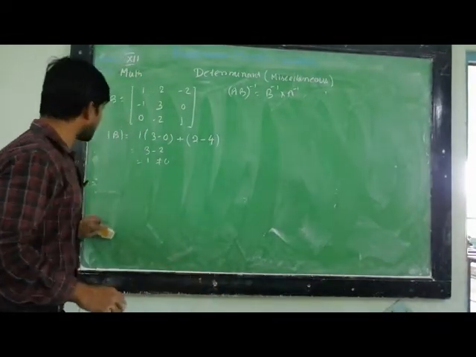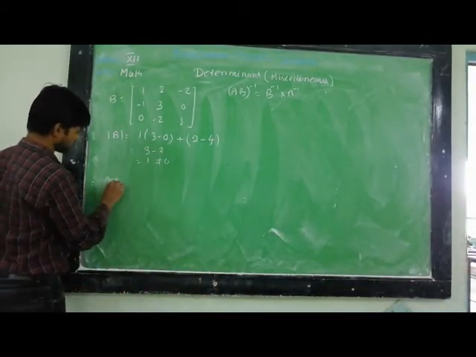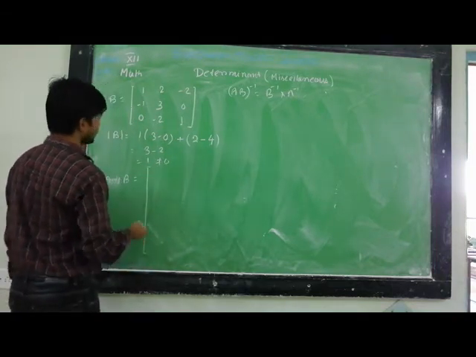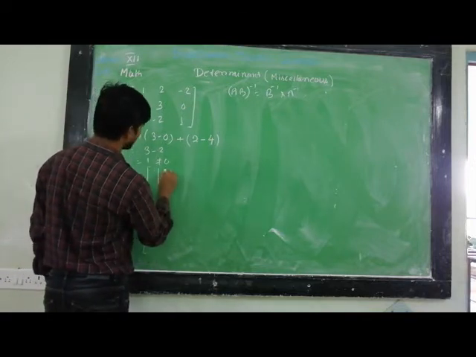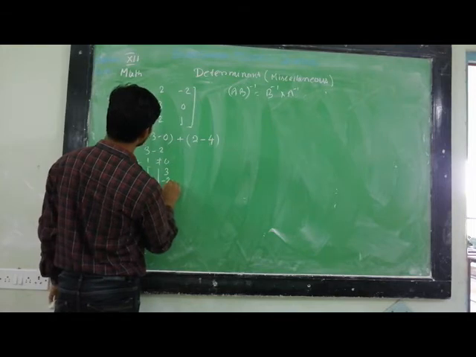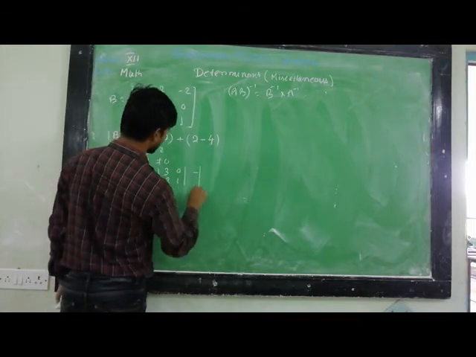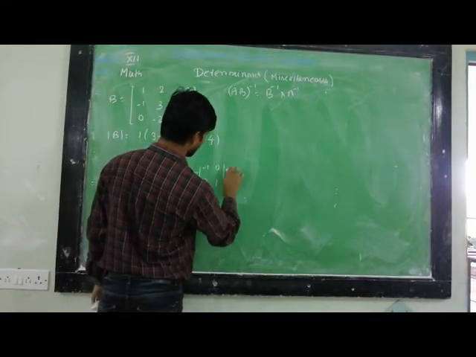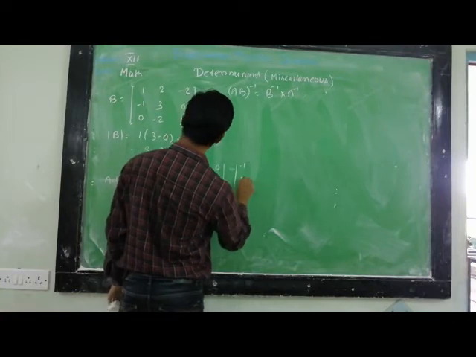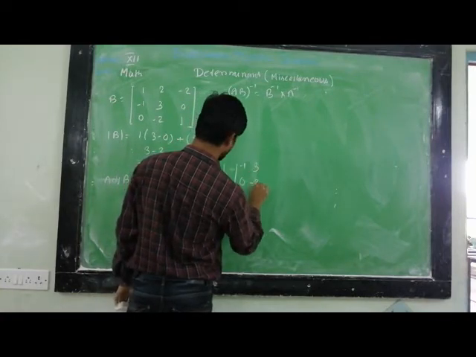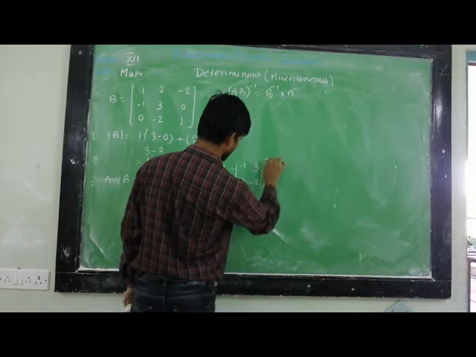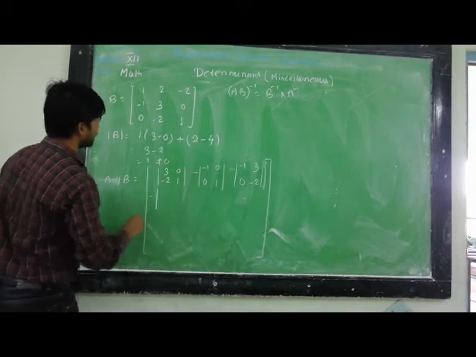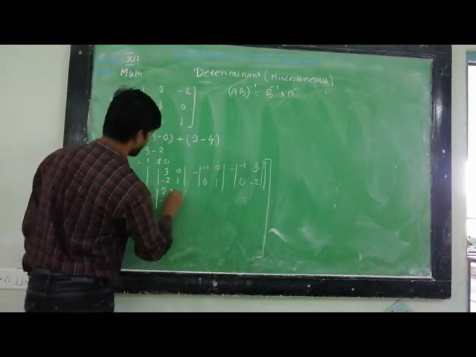Hence we can calculate its inverse. Now calculate the adjoint of B. For the adjoint of B, the first entry will be the determinant of 3 -2, 0 1, then minus of -1 0, 0 1, plus -1 0, 3 -2. That will be 2 -2 and -2 1.